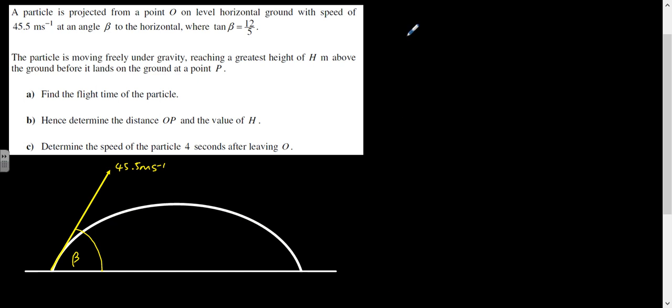Okay, if tan beta equals 12 over 5, then 12 is the opposite side, and using Pythagoras I can get the hypotenuse of 13. So sine beta is going to be 12 over 13, and cos beta is going to be 5 over 13.